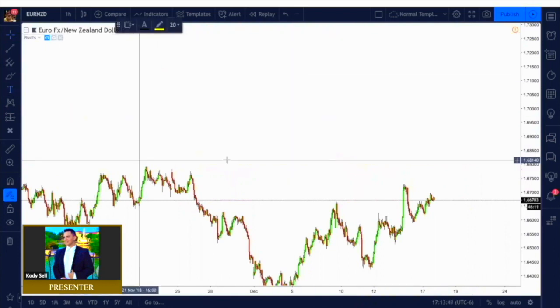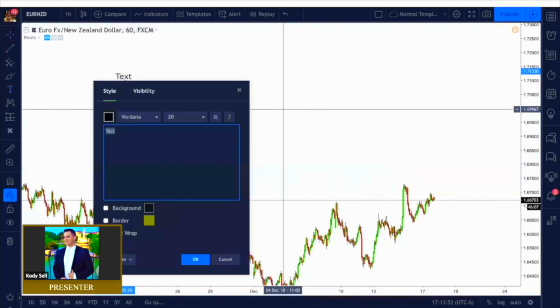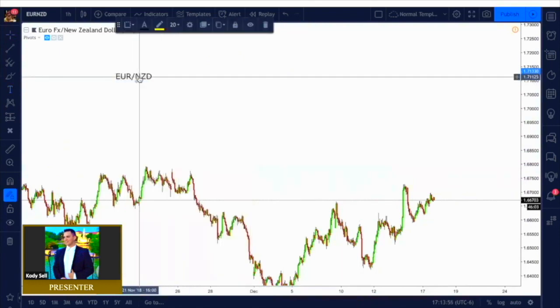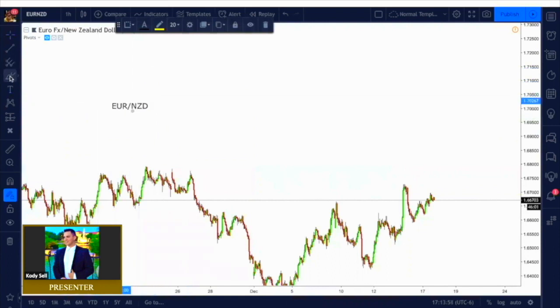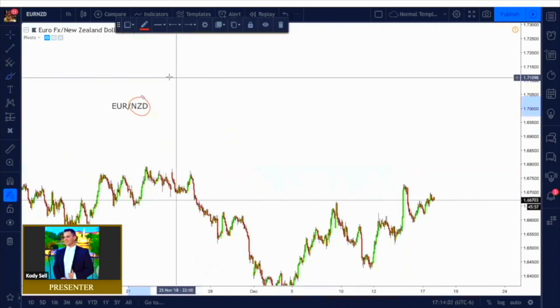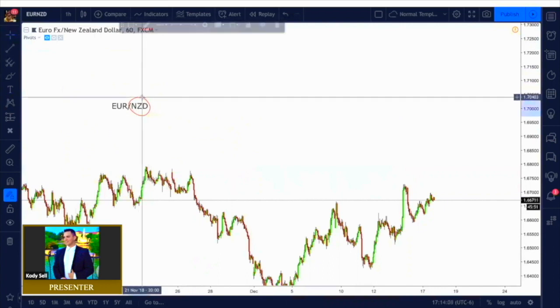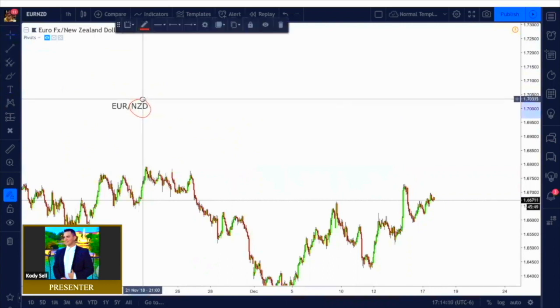Just as a quick reminder, if we have, for example, Euro New Zealand, and let's say we are specifically interested in the New Zealand currency for our correlation analysis. If the New Zealand currency is in the denominator, you need to keep that in mind.